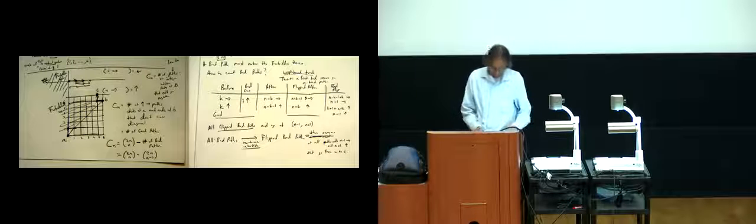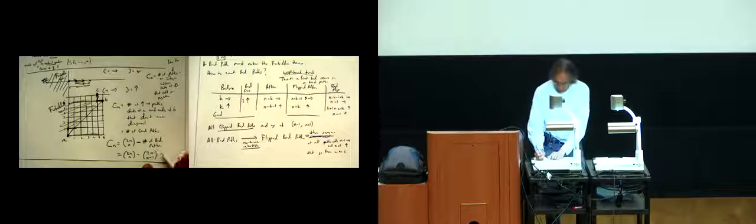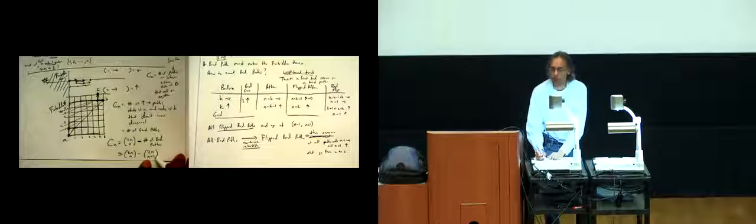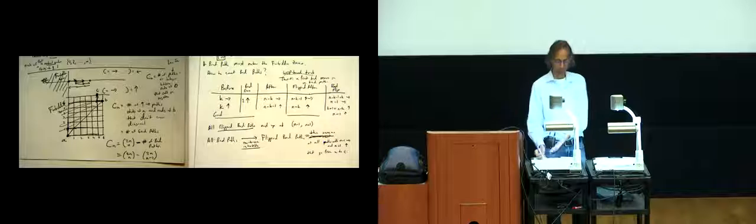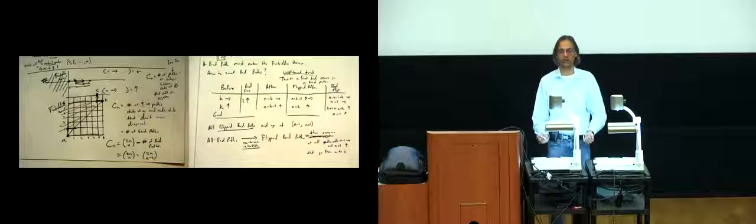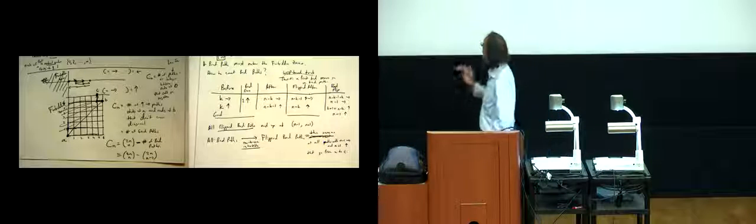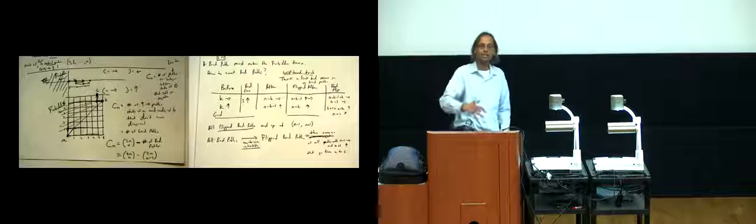Notice I could have just as well written 2n choose n plus 1. 2n choose n minus 1 is the same as 2n choose n plus 1. They're the same expression. It doesn't make a difference which one I write. So this is an example of counting.